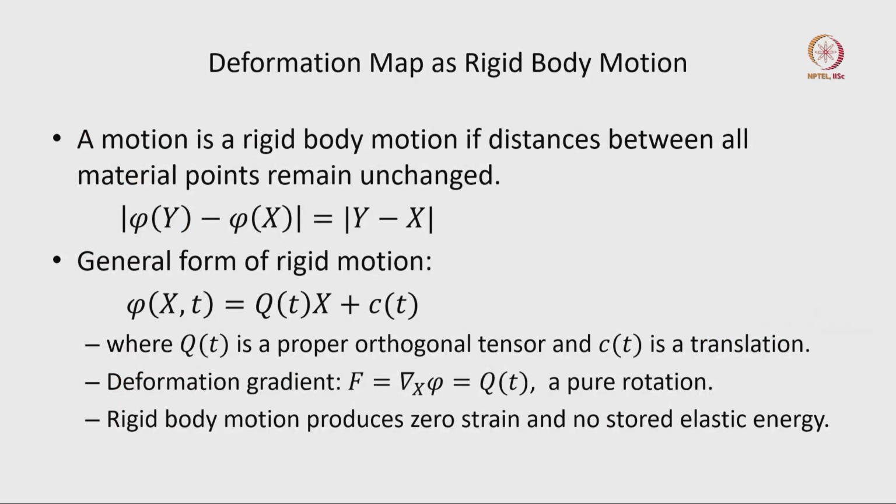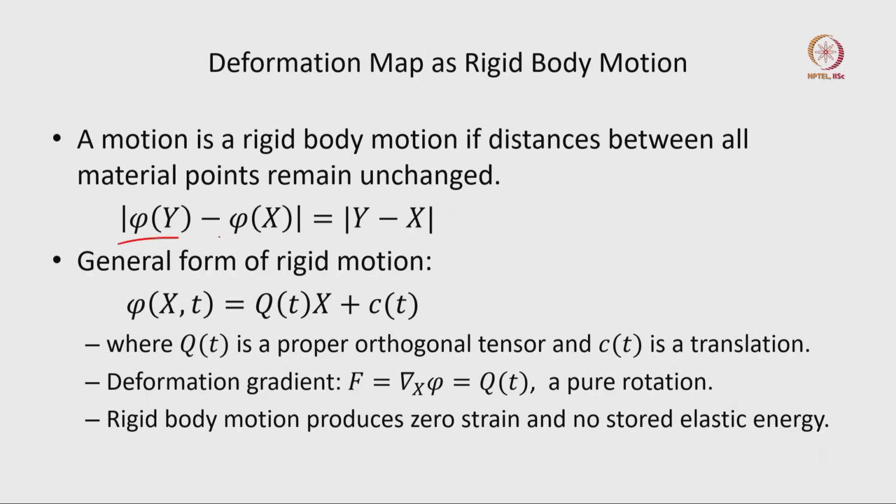Now, it may turn out that the deformation map can be a rigid body motion. Rigid body motion is also a valid motion even though it produces no strain. What is a rigid body motion? The distance between two points in the material body and in the spatial or deformed body upon deformation will not change.